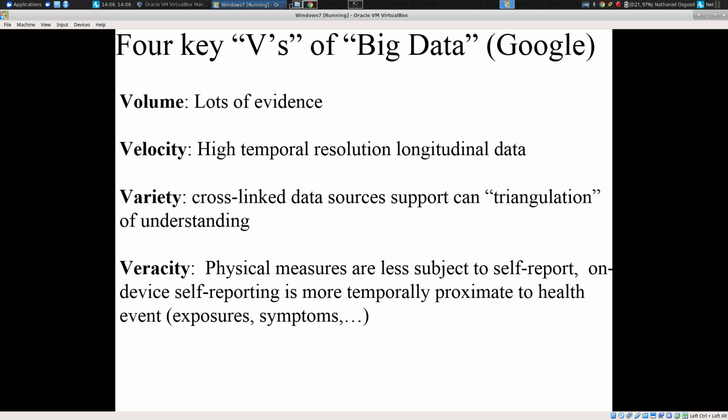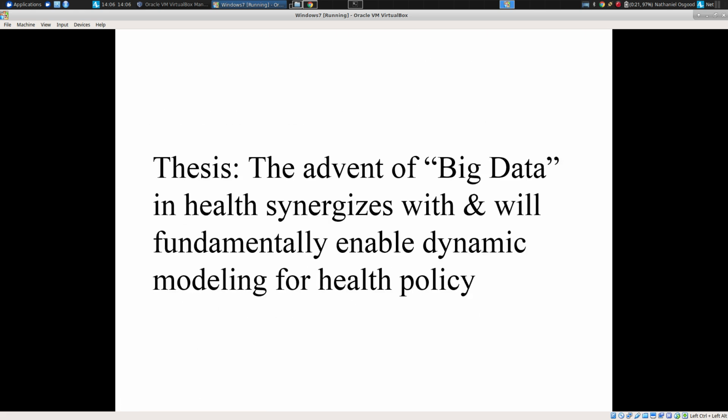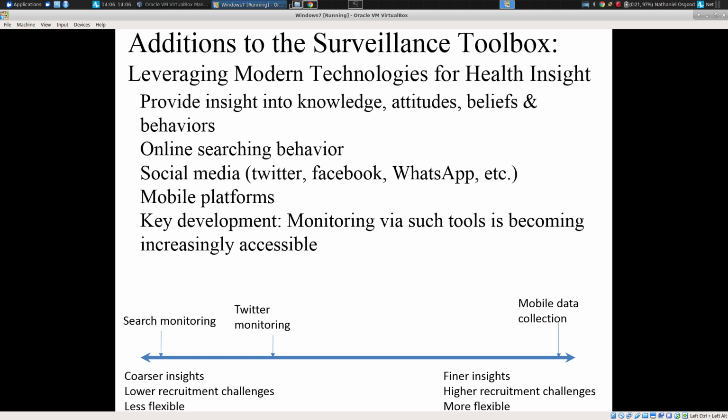We can figure out information associated with the environment, sometimes even from magnetometers. So veracity, in terms of the reliability of the data to elicit this sort of information that we're trying to get in a reliable fashion, often we can do better from elements of big data.